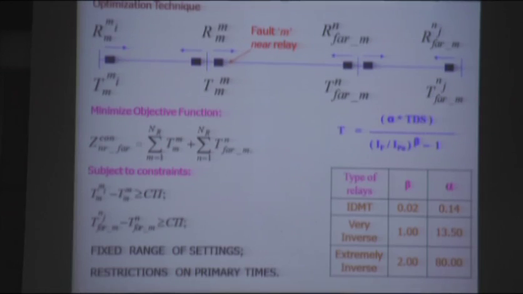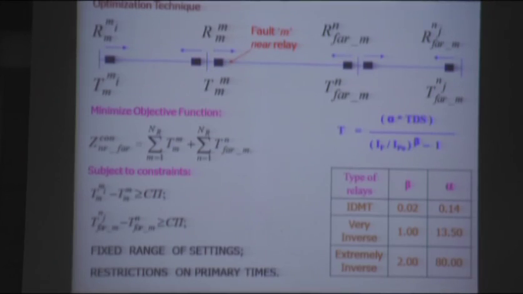But still, we have to determine the setting of relays, and that is not possible manually. So in the research area, a mathematical problem is found. It is an optimization problem, where all the constraints of the problem are taken together.